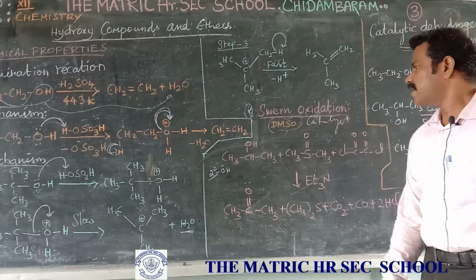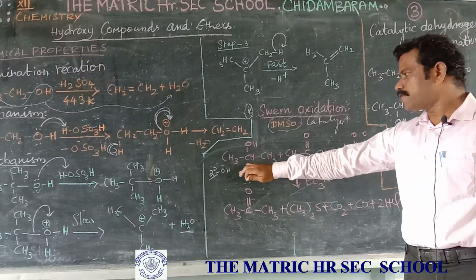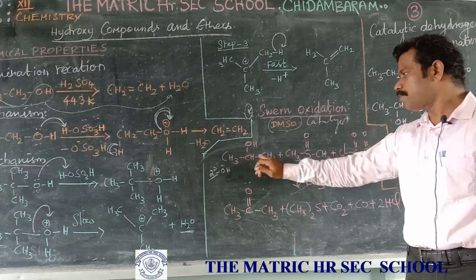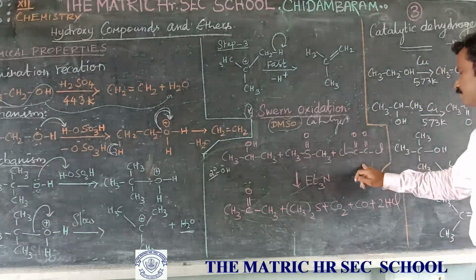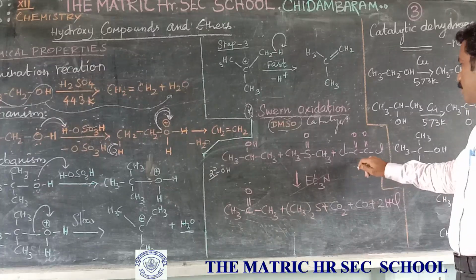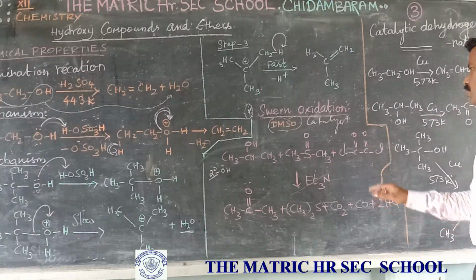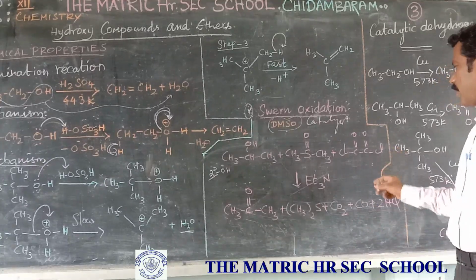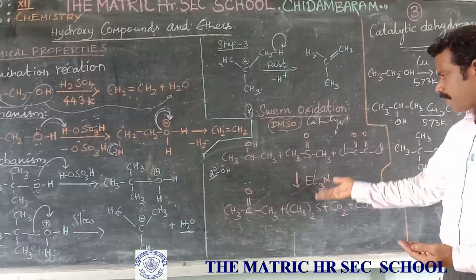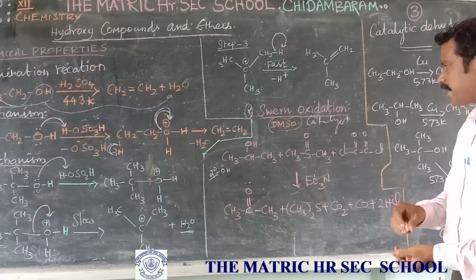Okay. We will see the reaction. That is isopropyl alcohol or 2-hydroxypropane. I will take one dimethyl sulfoxide and oxalyl chloride. So what happened? You will get the reaction.